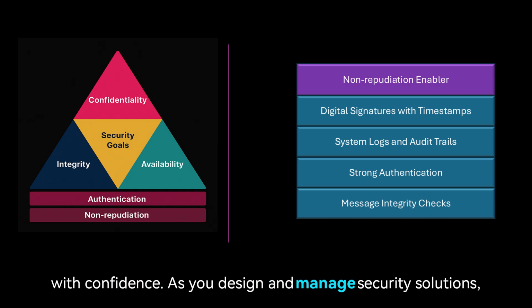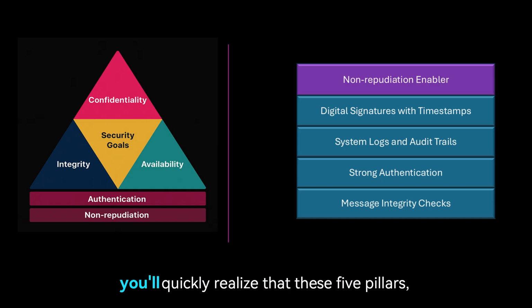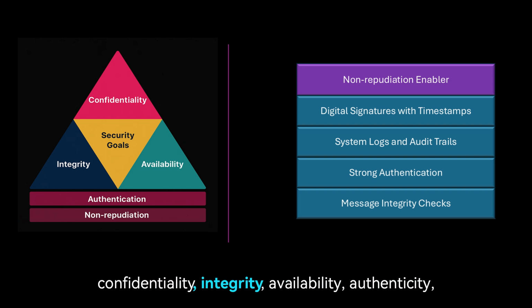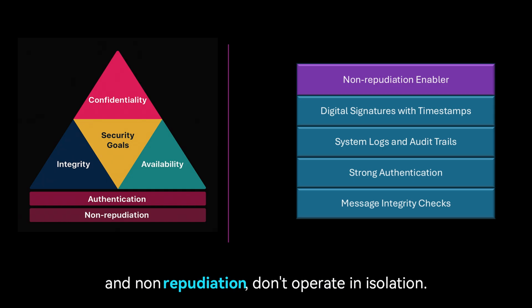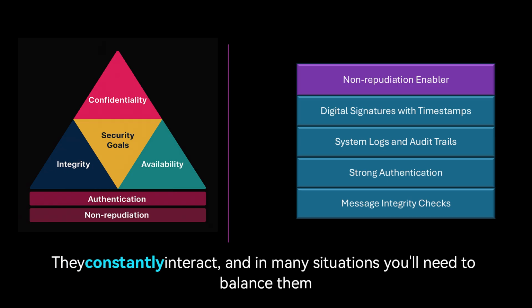As you design and manage security solutions, you'll quickly realize that these 5 pillars, confidentiality, integrity, availability, authenticity, and non-repudiation, don't operate in isolation. They constantly interact, and in many situations, you'll need to balance them carefully.